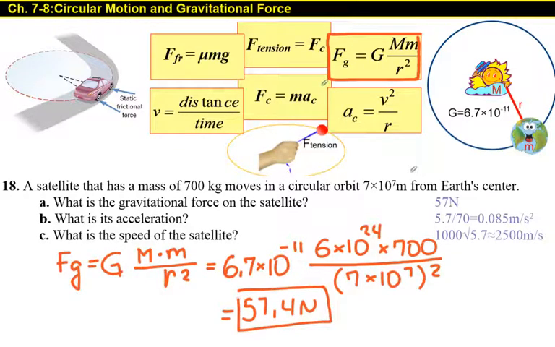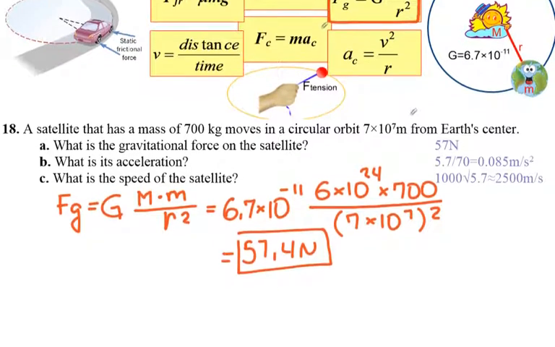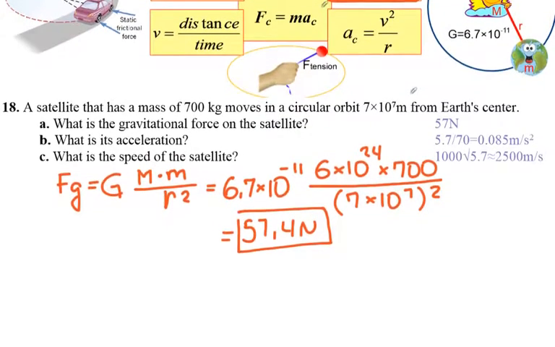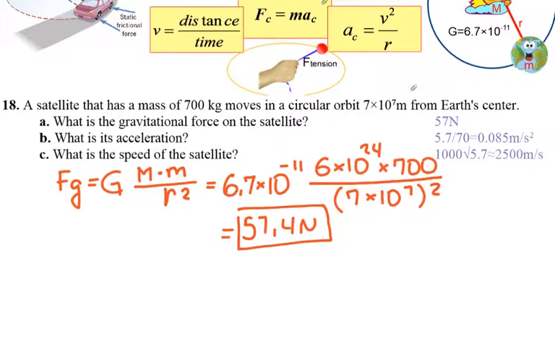The next question asks you to find the acceleration. It is a circular motion, so it's centripetal acceleration, and your gravitational force in this case is your centripetal force. Centripetal force is equal to a_c times m, where m is the mass of the satellite.